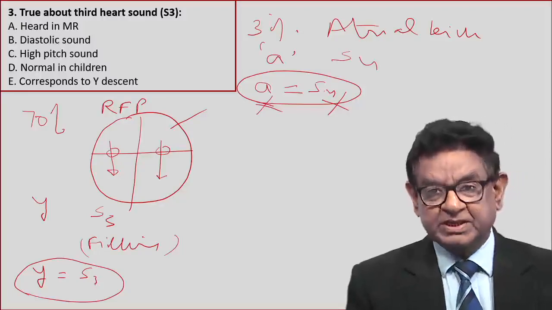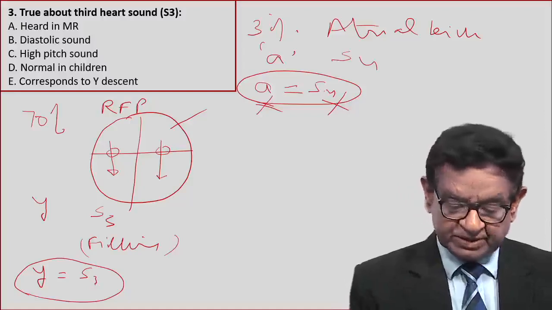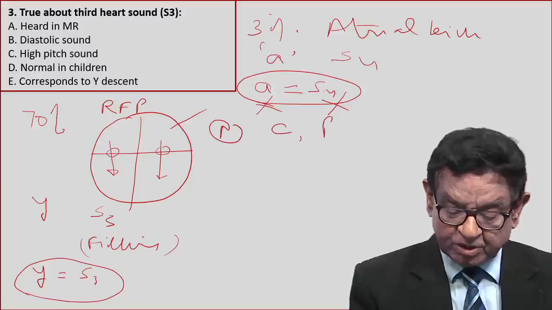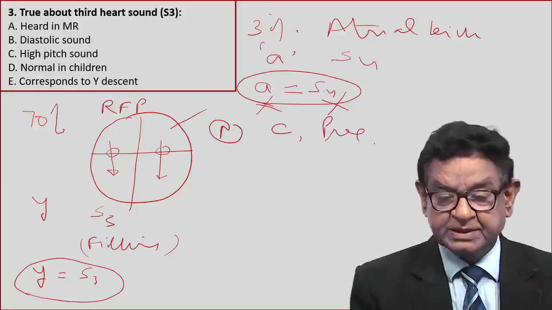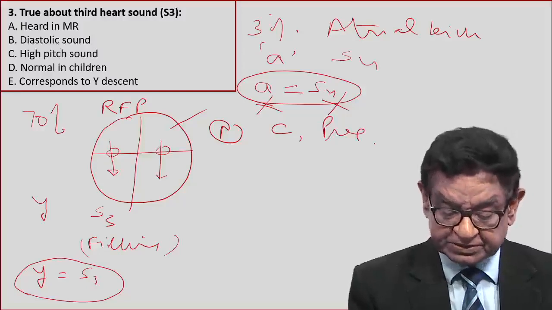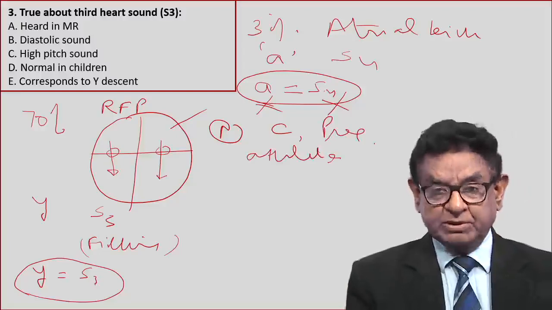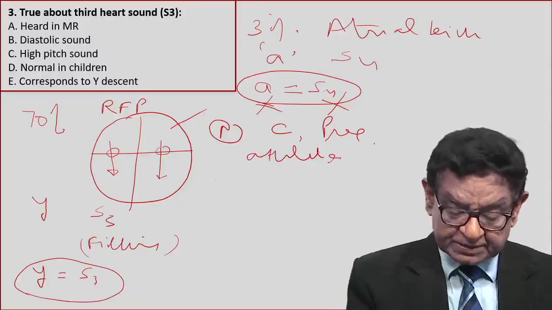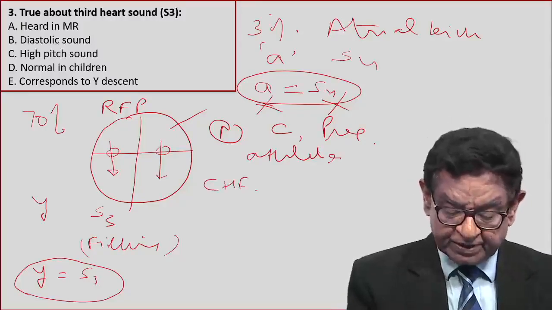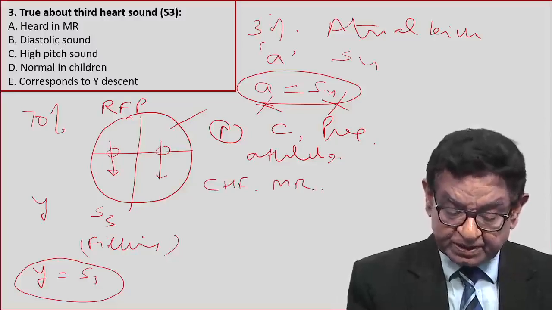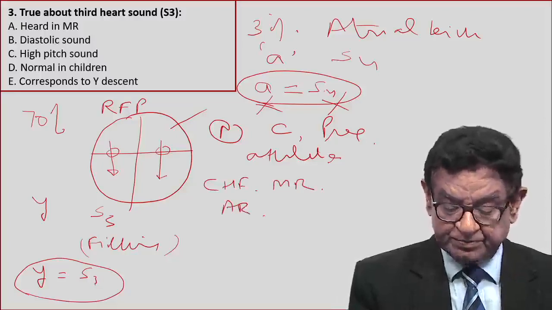Now, what are the conditions where we hear the third sound? It can be heard normally in children, normally in pregnancy and in athletes. Pathologically, it can be heard in congestive heart failure, mitral regurgitation, in AR.